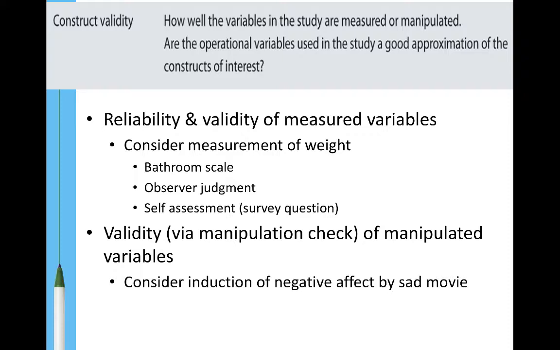And what you're interested in are two primary aspects of measurement: reliability and validity. So reliability has to do with repeatability or consistency, and validity has to do with the correlation or correspondence between the observed measures and the underlying construct.